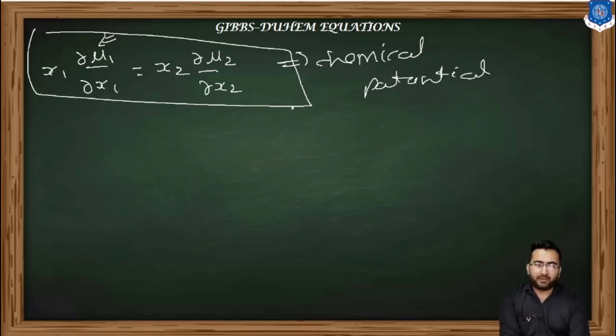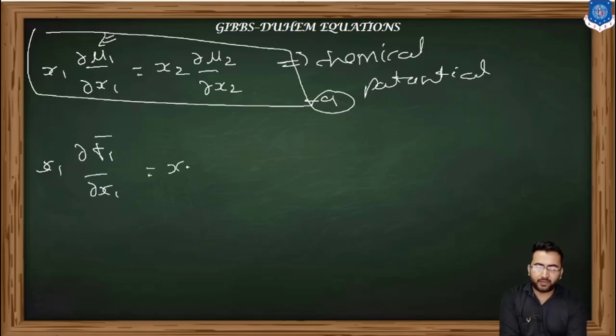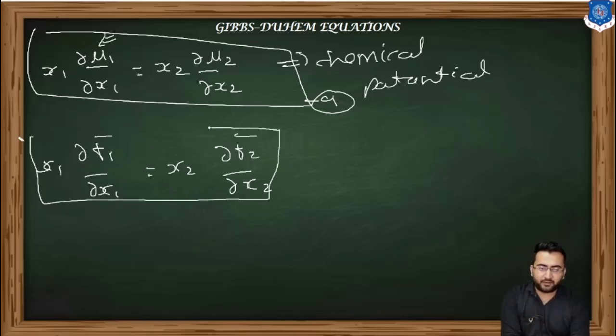Now let's take this as our equation number 9. Introducing the chemical potential in terms of the fugacity, it can be given by x1 del f1 bar upon del x1 is equal to x2 into del f2 bar upon del x2. So this is the Gibbs-Duhem equation in terms of fugacity.